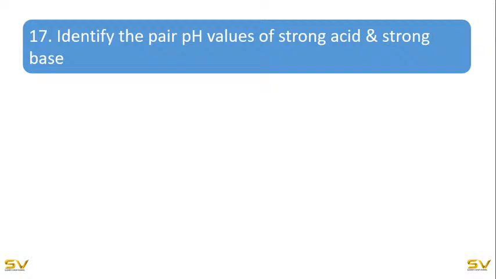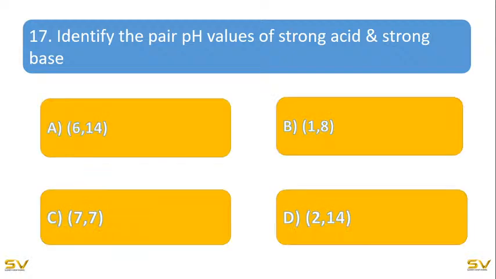Now coming to the next one: identify the pair of pH values of a strong acid and a strong base. Among the four pairs of pH values, you need to find the strong acid and the strong base. Is it 6 comma 14, 1 comma 8, 7 comma 7, or 2 comma 14?